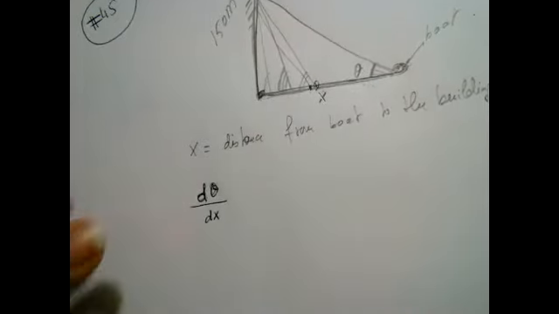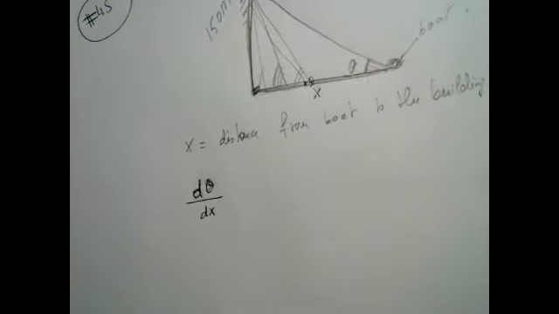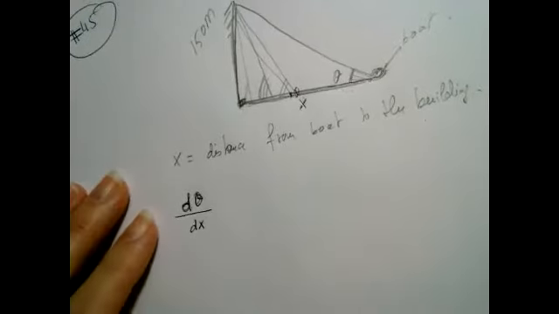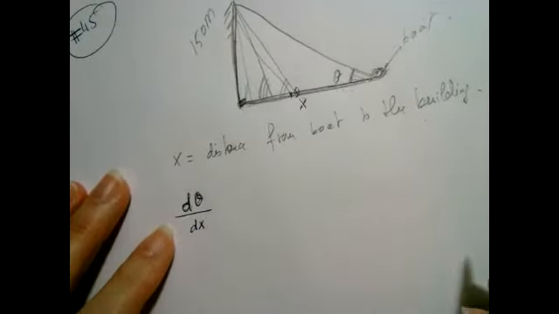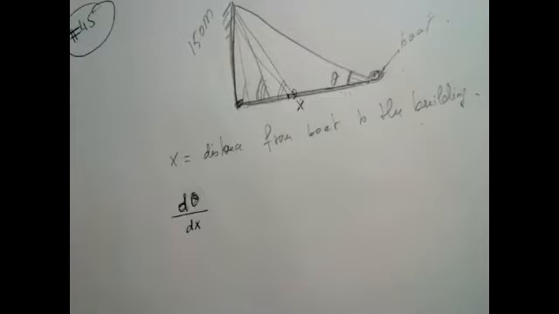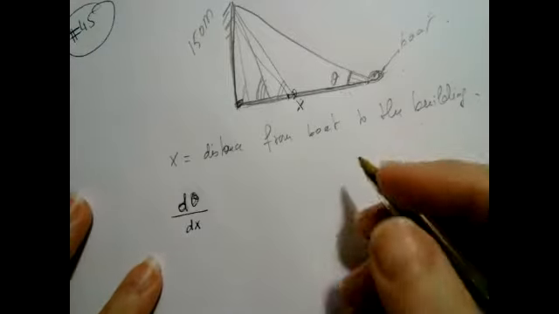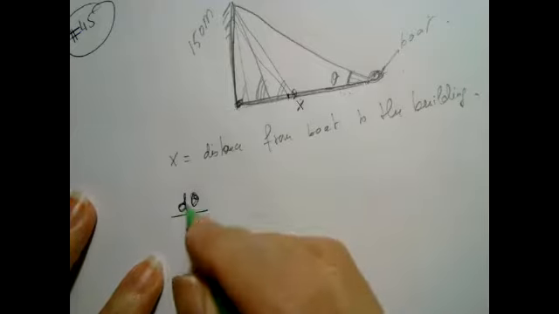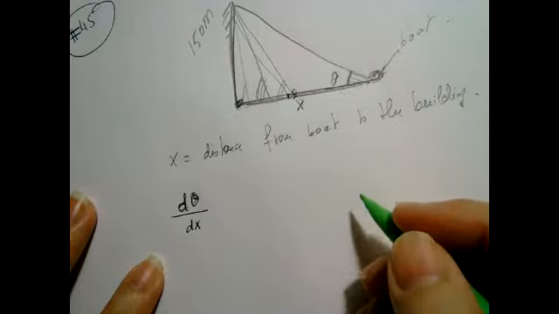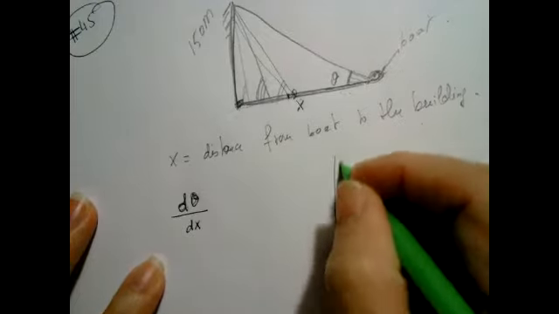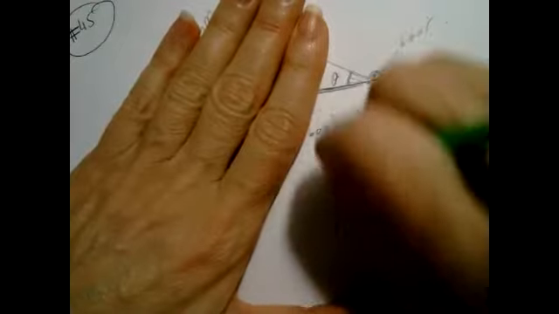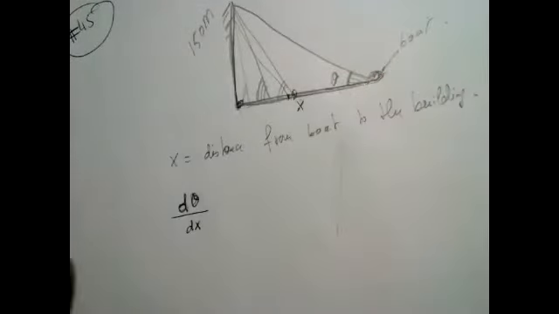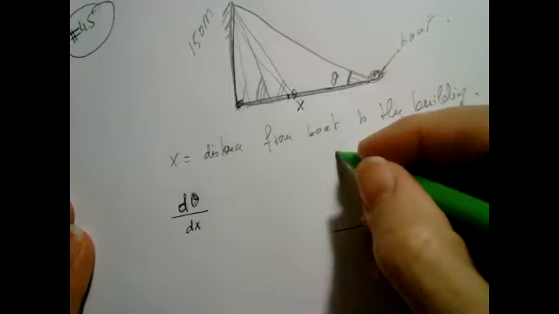All right. This is a problem where they didn't give me any formula to work with. To know how fast theta is changing with x, I need a relationship, a formula for theta in terms of x. This problem is a little bit harder because they don't give you theta as a function of x. So can we find it? This is the building and this is theta. Can I find an equation that relates theta and x?